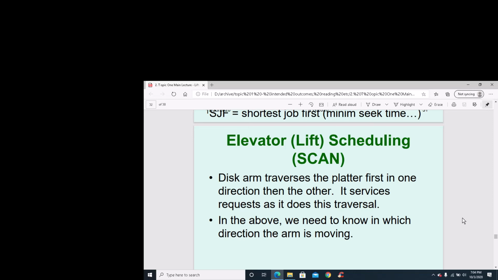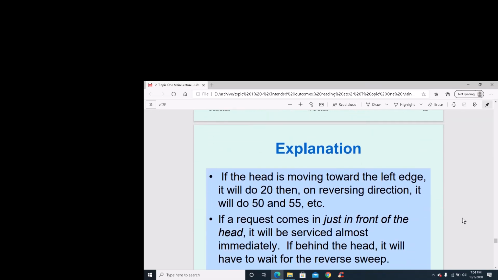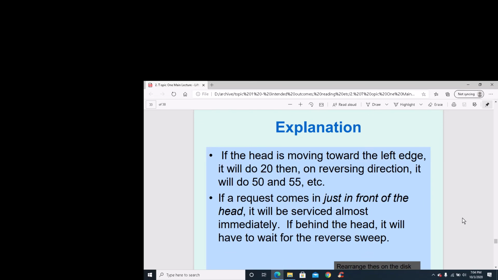So in order to understand how it's operating, you need to know in which direction the arm is moving. A quick explanation: if the head is moving towards the left edge of the disk, it will do 20. Then on reversing direction it will do 50 and 55, etc. Just to repeat myself a little bit, if a request comes in just in front of the head, it will be serviced almost immediately.